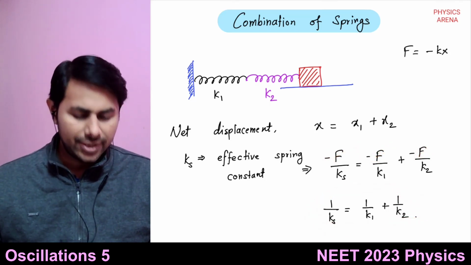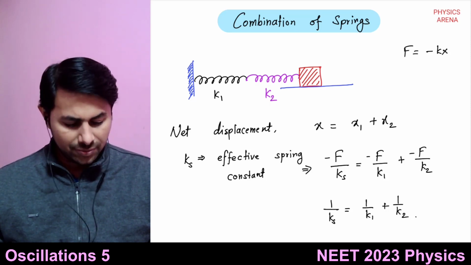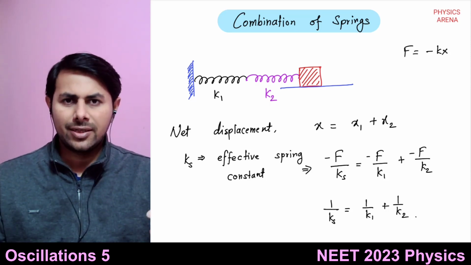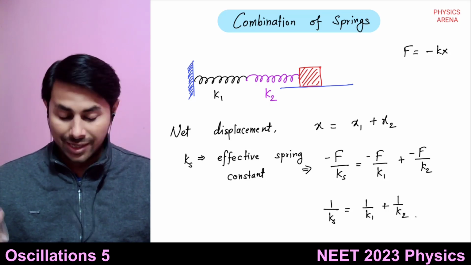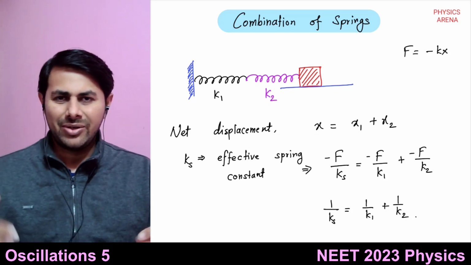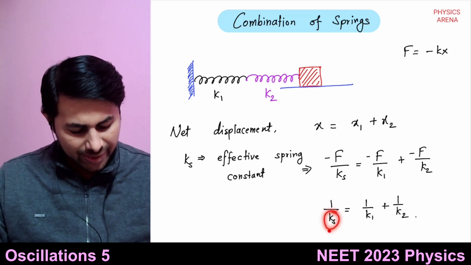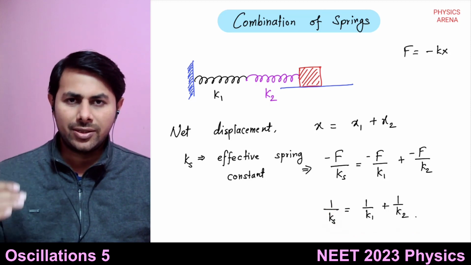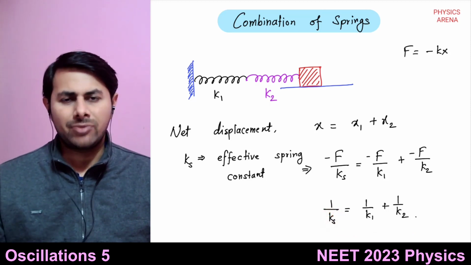So what happens to the spring constants in series combination? All the springs act such that the effective spring constant is given by this formula: 1 upon the effective spring constant ks is equal to 1 upon K1 plus 1 upon K2.